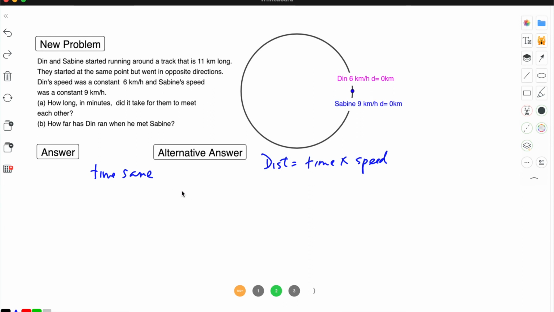So if you were to take the ratio of Dean's distance to Sabine's distance, this will be the same as taking the ratio for Dean's speed to Sabine's speed.